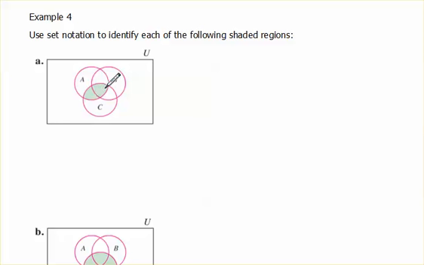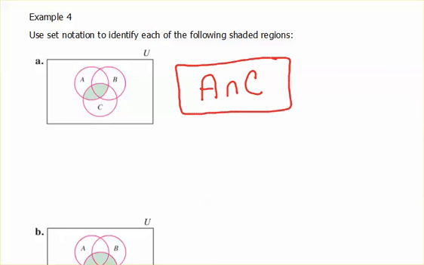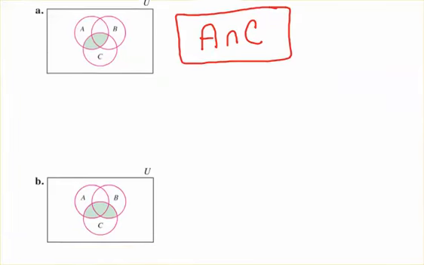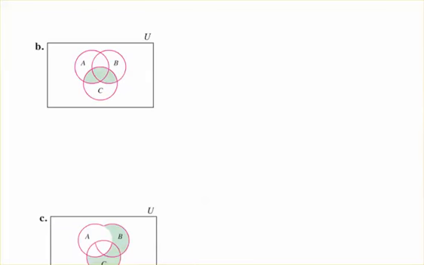Well, can you see that this is where A and C meet? So that would be the intersection of A and C, wouldn't it? Just like that. It doesn't have to be too bad, especially if we just look at it a little bit at a time.